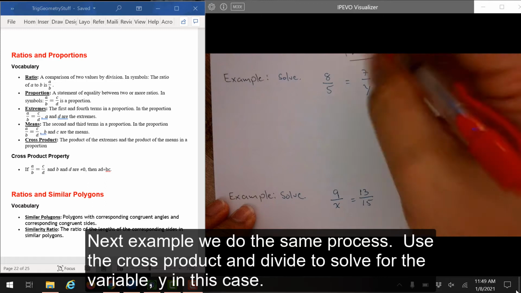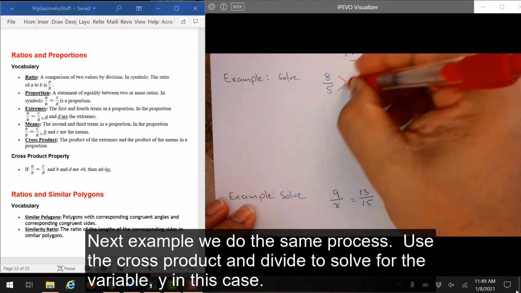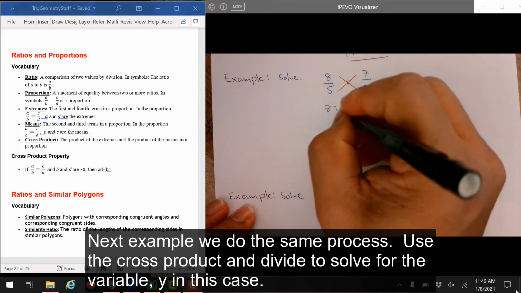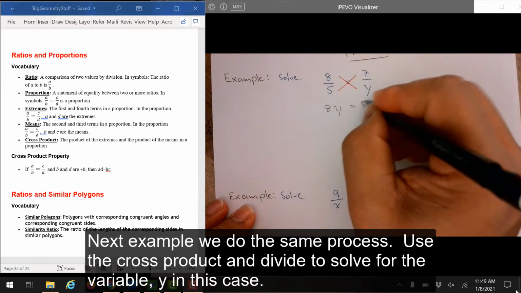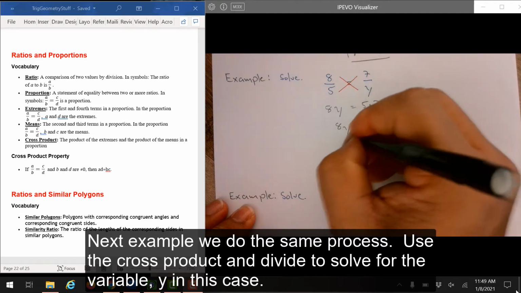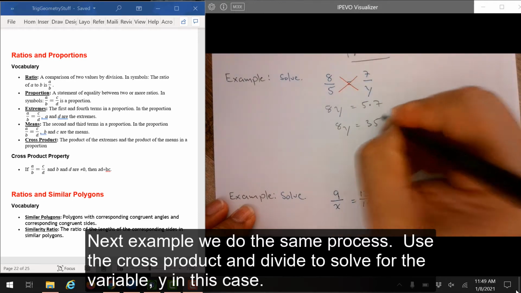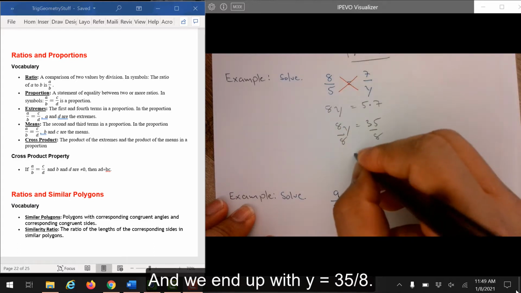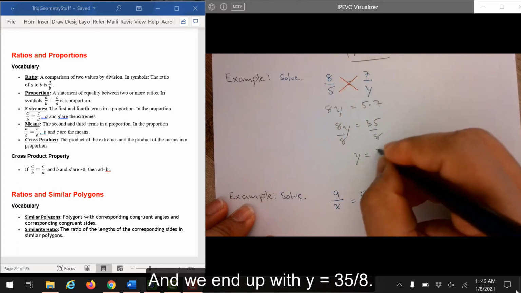Next example, we do the same process. Use the cross product and divide to solve for the variable y in this case. And we end up with y equals 35 over 8.